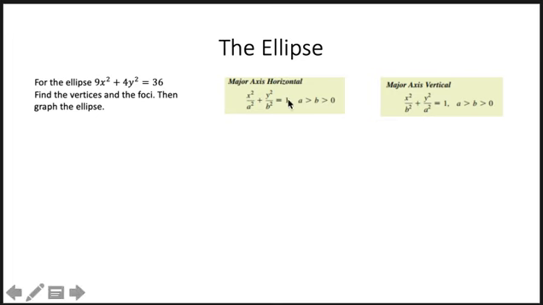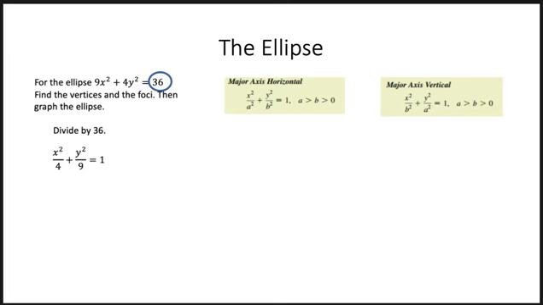But one common thing you'll notice is that the equation has to be set equal to 1, and this equation is set equal to 36. So what I'm going to have to do is divide every term in this equation by 36. When I do that, I end up with x squared over 4 plus y squared over 9 equals 1.